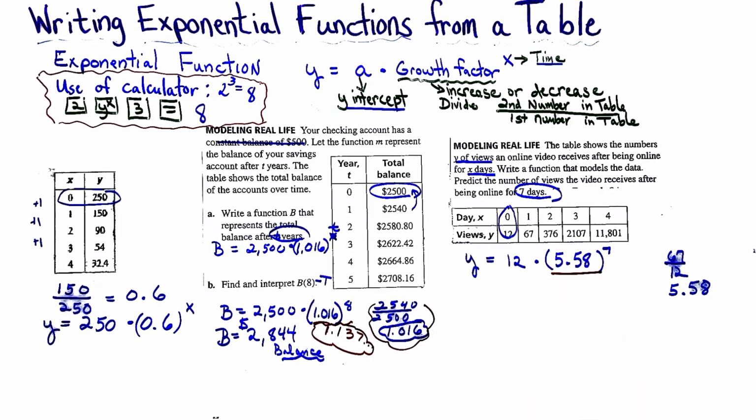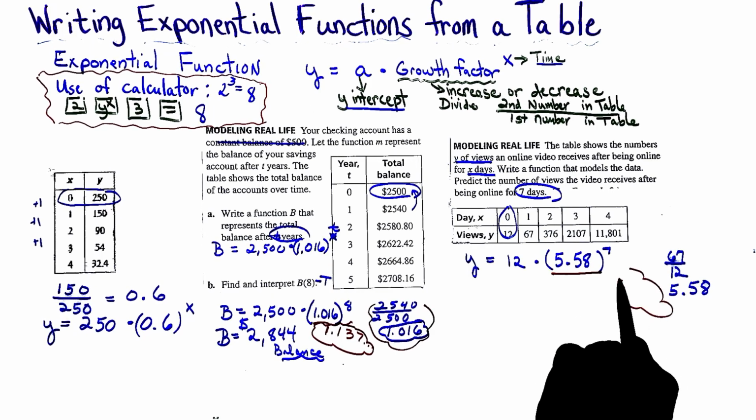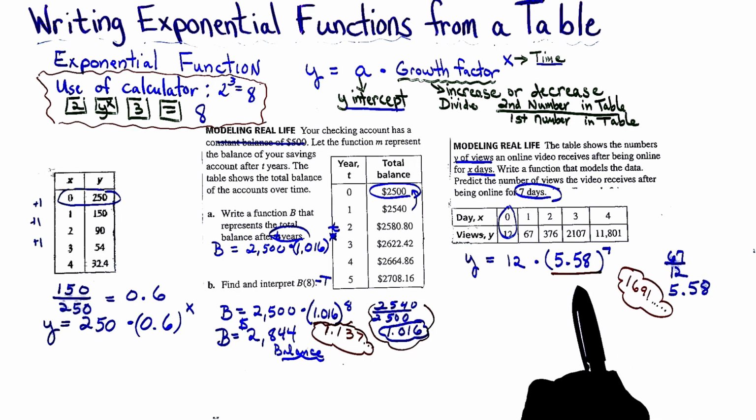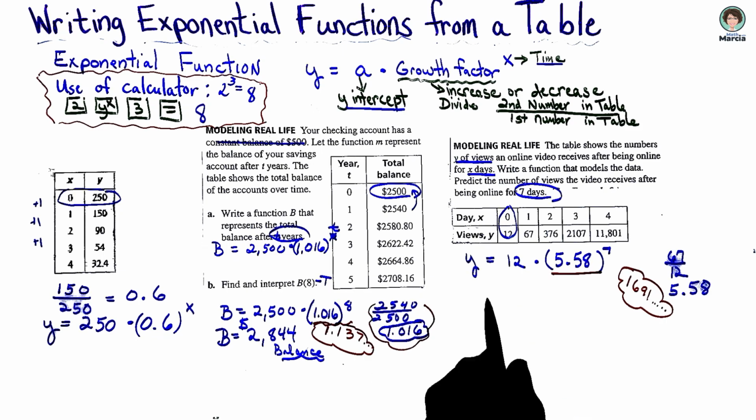And when we put that in the calculator, you're going to get something that looks like this. It's going to be 169,1 and so on. If you need to pause the video to make sure you can get that, please do. So once you have this in your calculator, don't clear it, just multiply it by 12. And that gives you your answer.